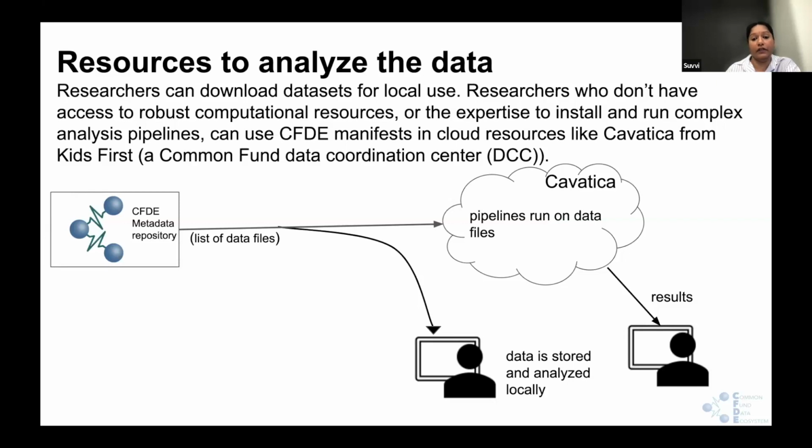If you have data, you can take it to Cavatica and use the workflows and pipelines available there to analyze the data. So all this is made easy at CFDE.